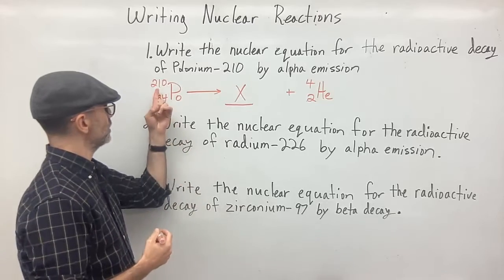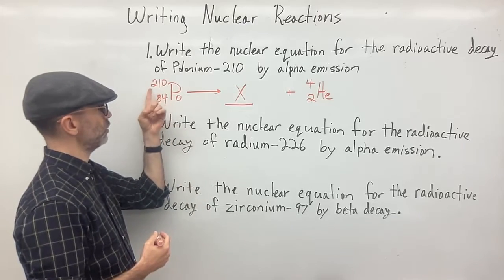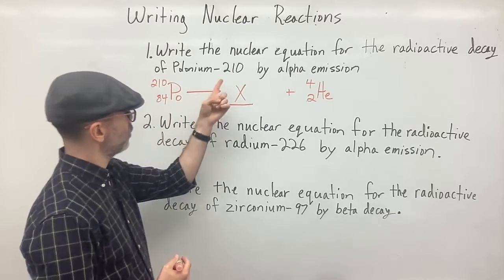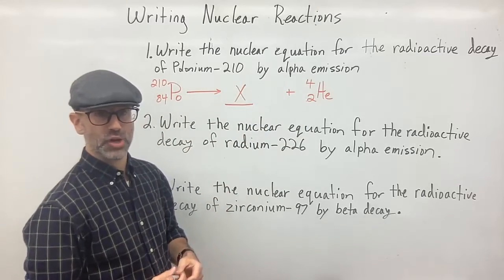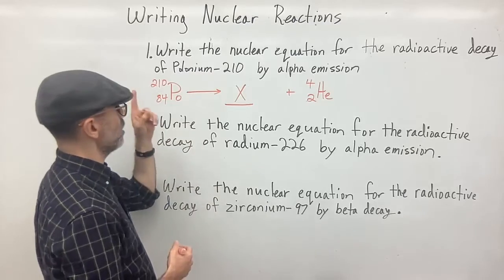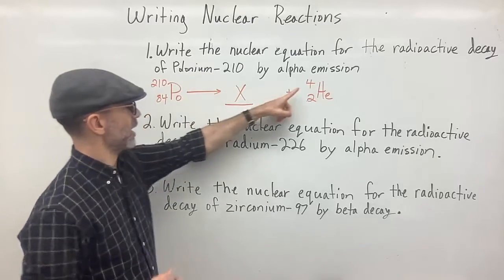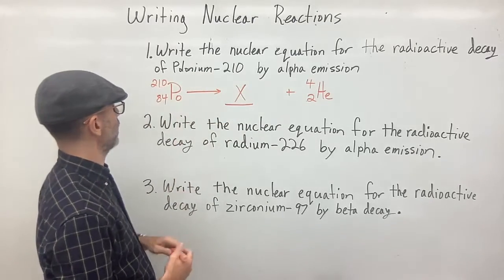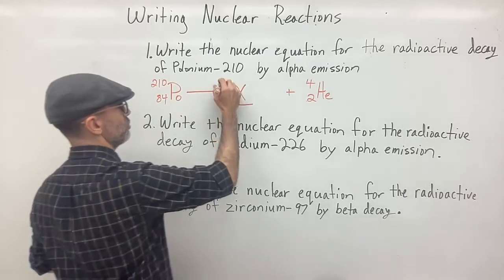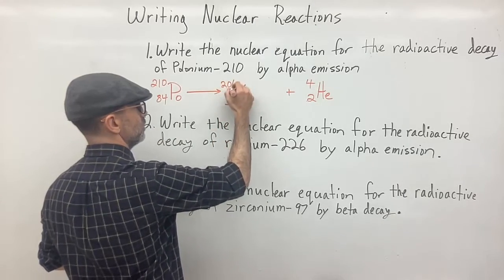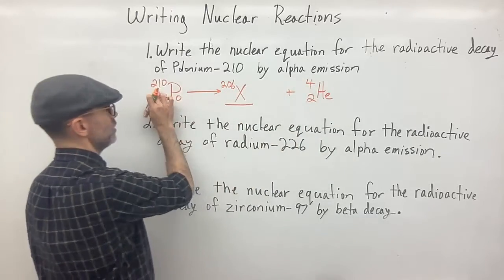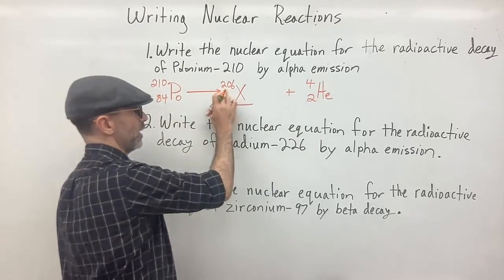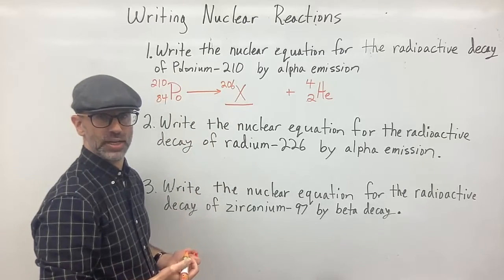Since this side has a total of 210, something plus 4 has to equal 210. So we subtract 4 from 210 and get 206. 206 plus 4 is 210, so that's equal. We know this number has to be 206.